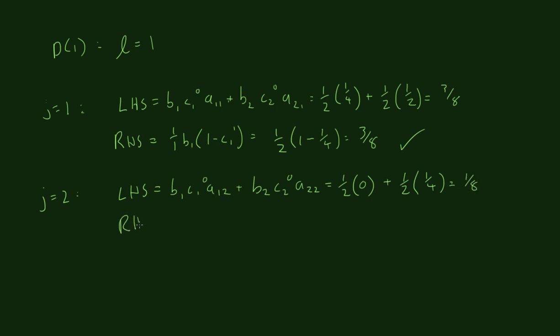For the right hand side, we have 1 over L again, B2 times 1 minus C2 to the power 1. B2 was a half, and C2 was 3/4, so a half times a quarter is 1/8. Both these conditions are satisfied for J is 1 and J is 2, so therefore the D1 condition is also satisfied.